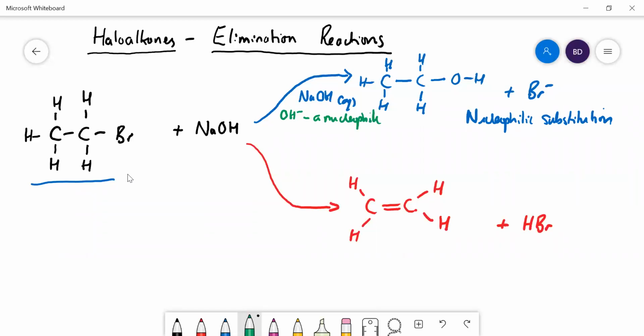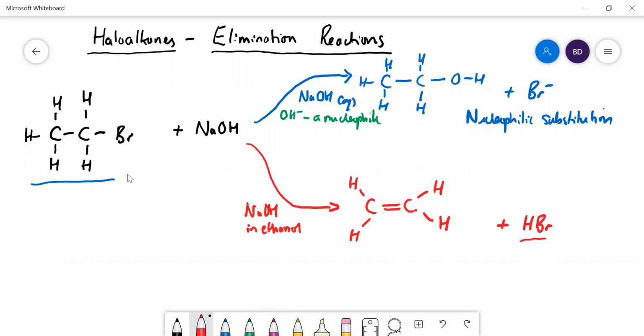Now, if you do it under slightly different conditions, so instead of having the sodium hydroxide in aqueous solution, if you put the NaOH in ethanol, so you've got ethanol as a solvent, alcohol, then what tends to happen is you don't get nucleophilic substitution, you get elimination.